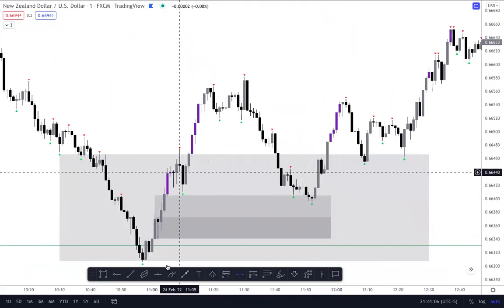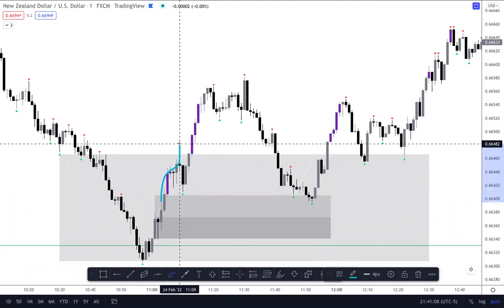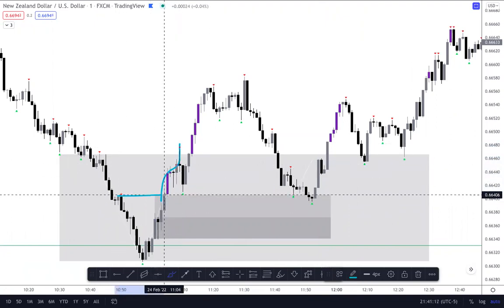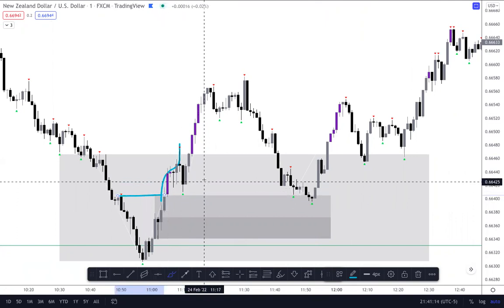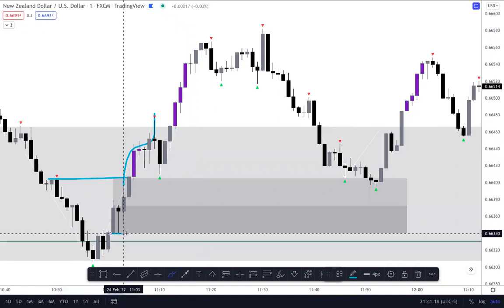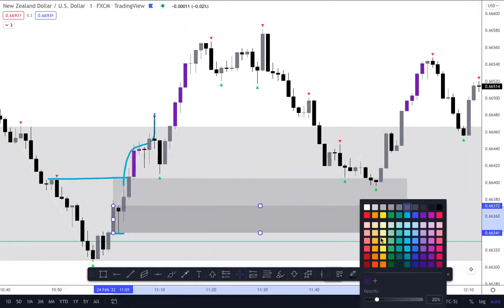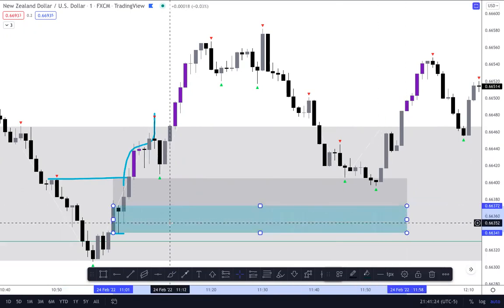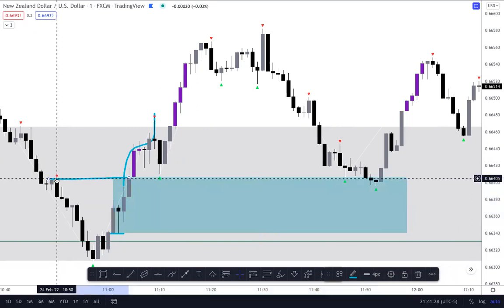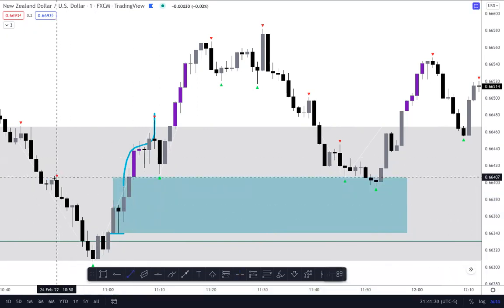This is where price left the OB, right? Which means this was our most recent break of structure, which means this candle was the last to sweep. So this is our utmost refinement. And then as we know, we can drag this up to that break of structure that was here.